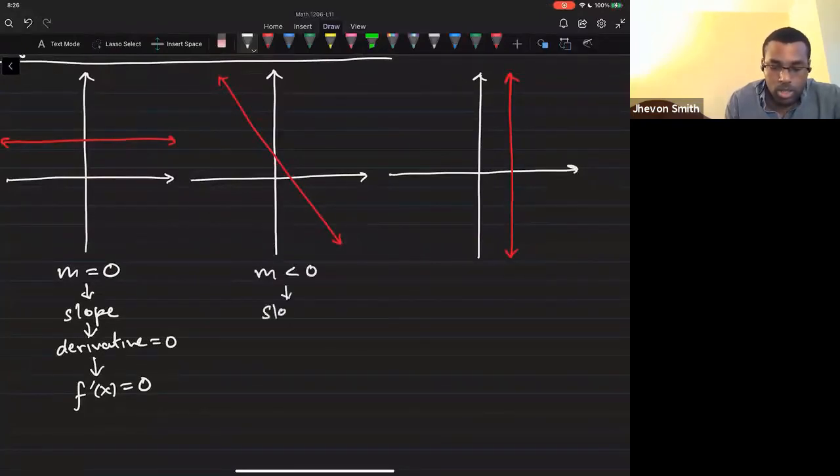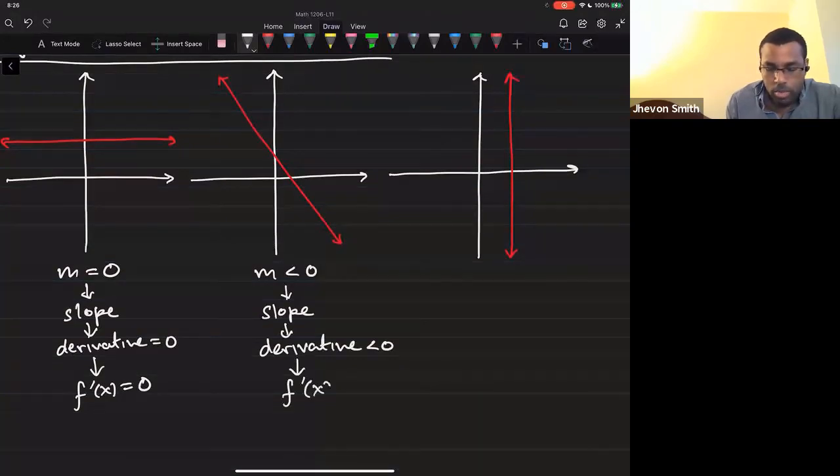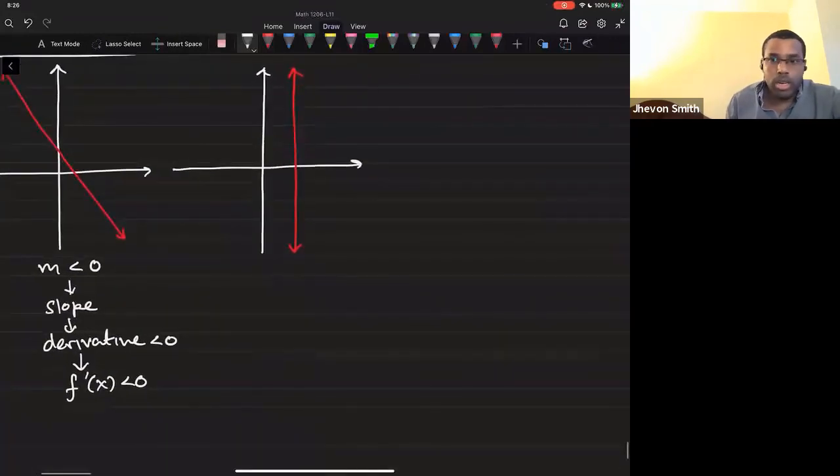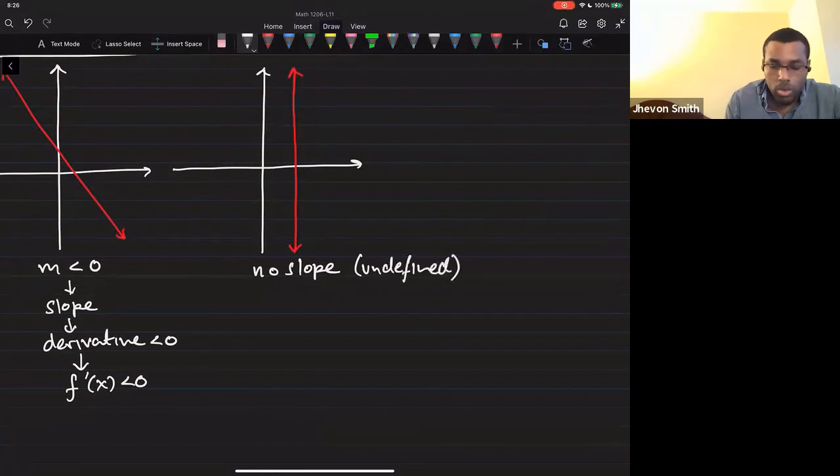That means the slope is negative, but that really means that the derivative is negative because the derivative is the slope. So we can express that as f prime less than 0 the whole time. In a vertical line, we have no slope, undefined, which means the derivative is undefined.